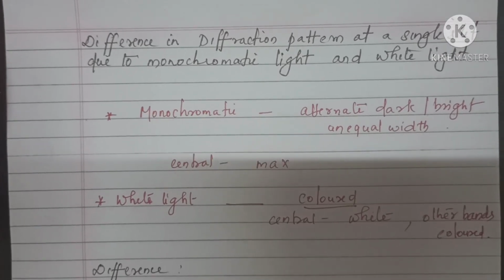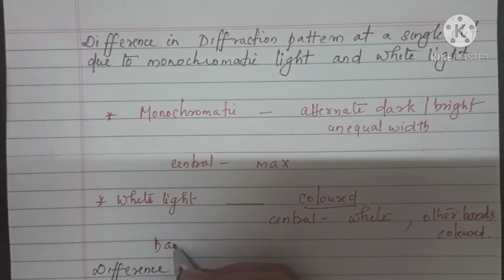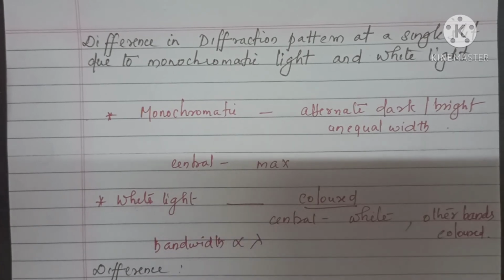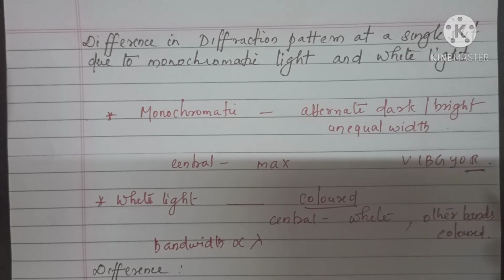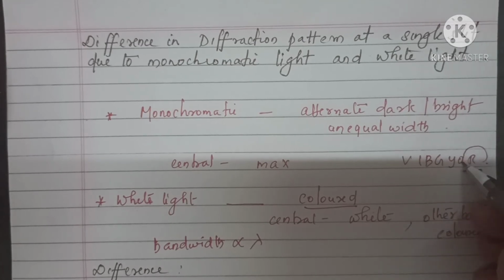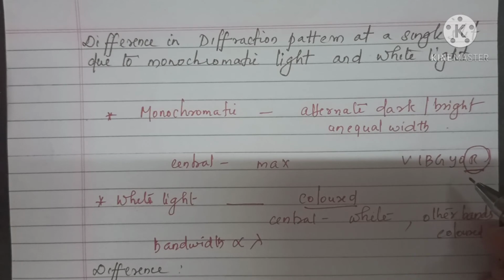Also you can see that the bandwidth is proportional to lambda. So when the lambda increases, the bandwidth also increases. If you are sending white light, there will be 7 colors in the order VIBGYOR. Red has the maximum wavelength, so you will obtain the bandwidth for red wider than the bandwidth of violet light.